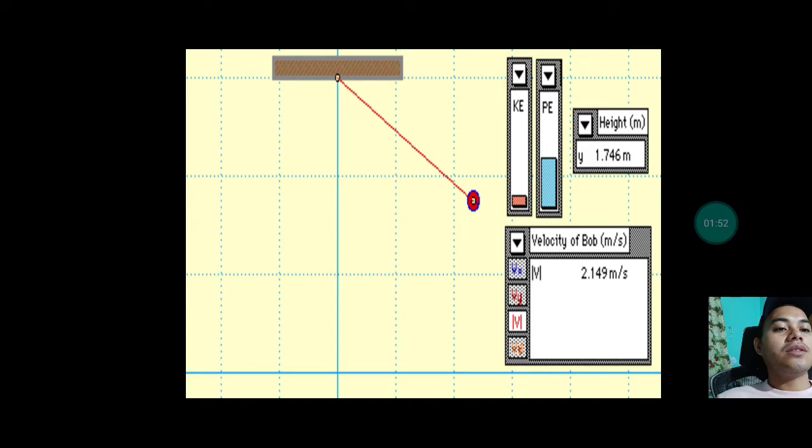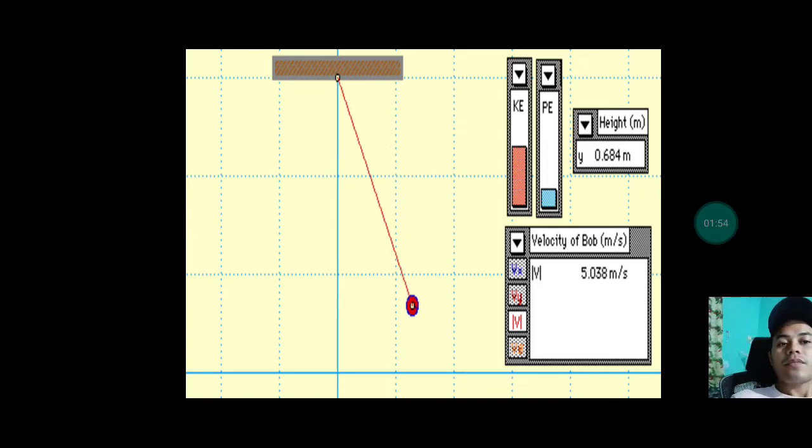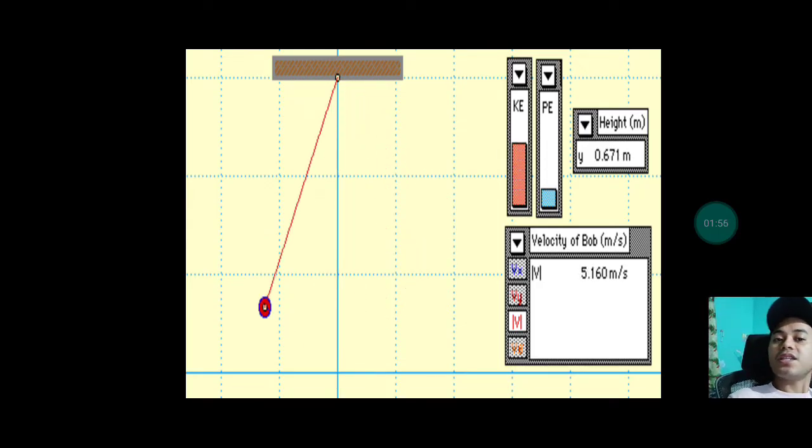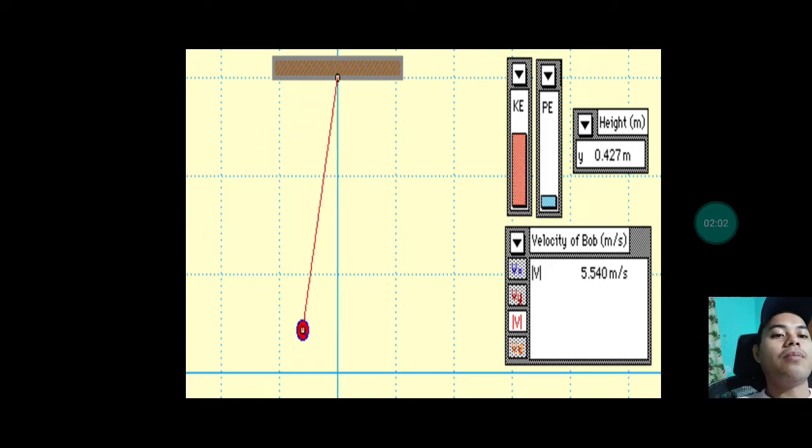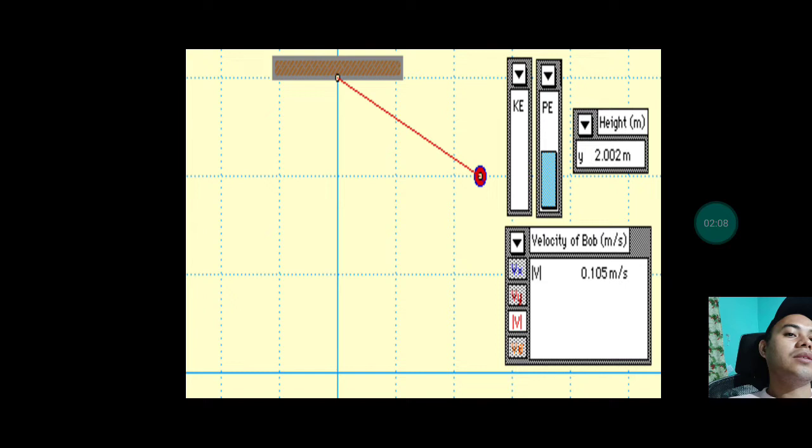Okay, in this GIF naman, we can see that there is a swinging ball. When the ball reaches its maximum swing, yung pinakadulo niya, nagsa-stop siya. So nagkakaroon tayo ng potential energy.